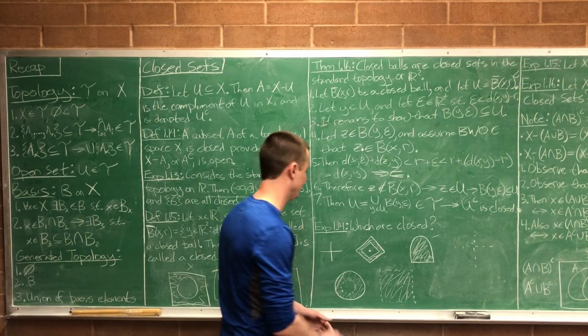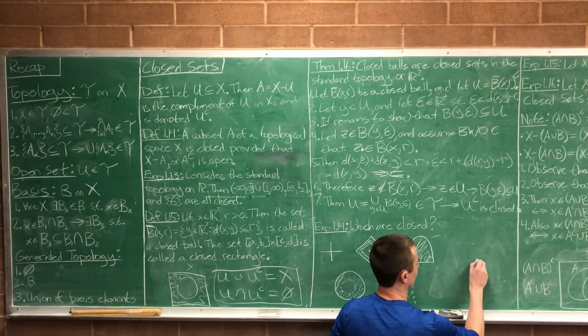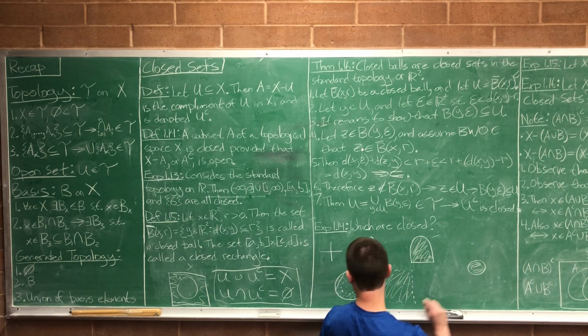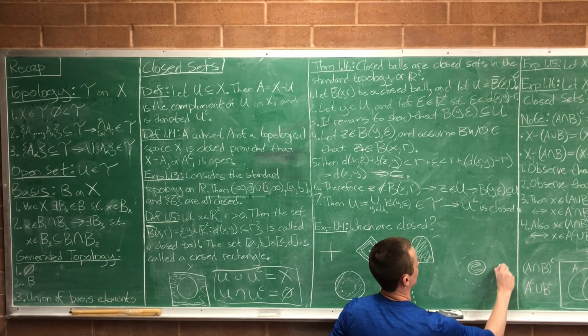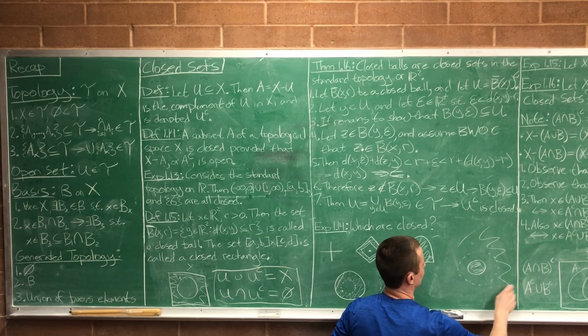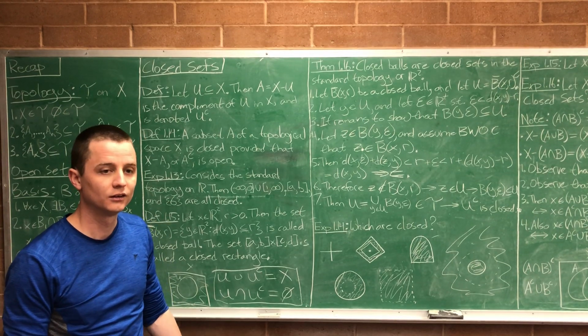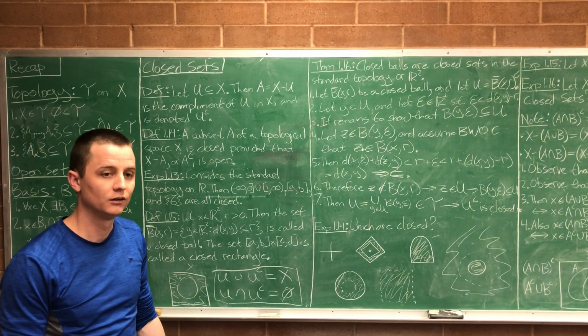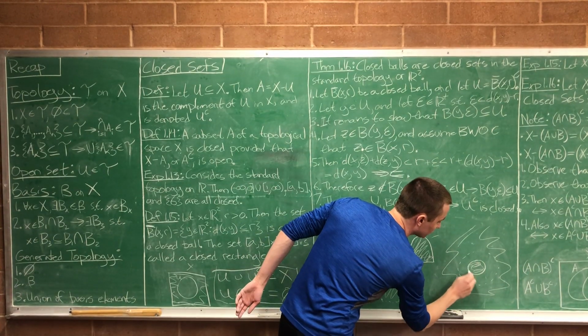Let's draw its complement real quick. What does the complement of this thing look like? We've got a closed circle here, all the points in there, and then we've got open here, and then we have all the points out here, right? Okay. Is that open? No! How can I union up open balls and get this closed border?